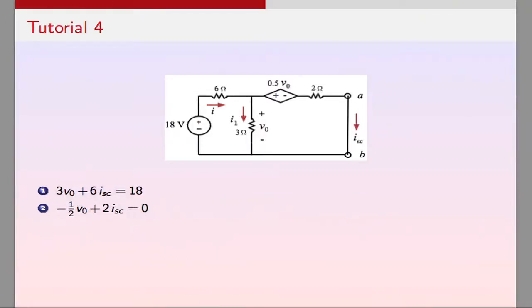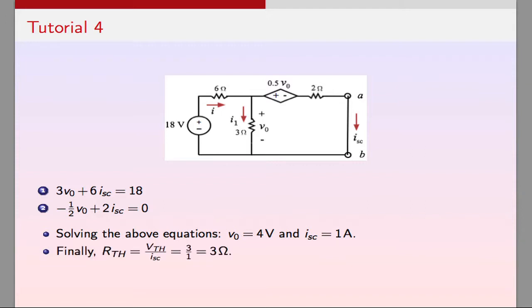So these are two equations with two unknowns. We can solve these two equations to get V naught is equal to 4 volts and I short circuit equals 1 amps. And finally, R Thevenin is given by V Thevenin over I short circuit, or 3 ohms.